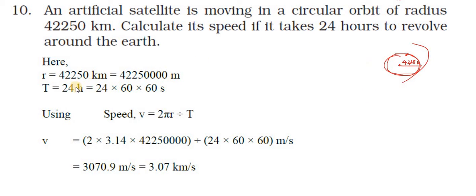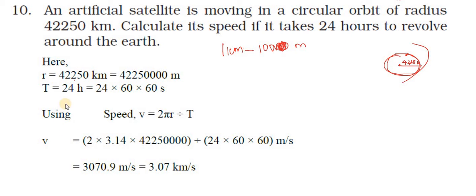Here they give the radius in kilometers, so convert it to meters. Always convert distance into meters. We know that 1 kilometer is equal to 1000 meters, kilo meaning 1000.